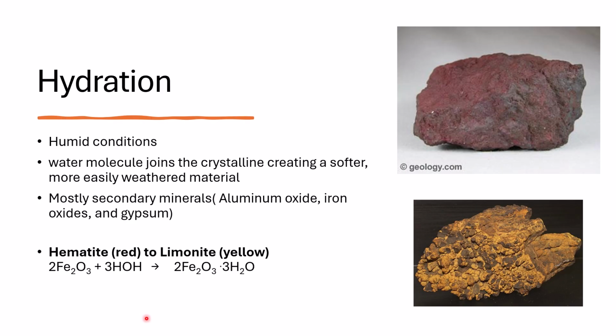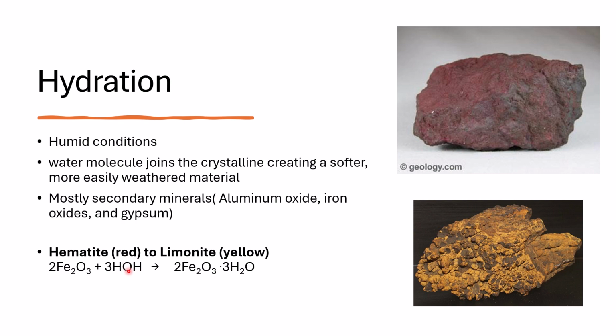So if we look at this chemical equation here, you have hematite, which is a mineral pictured here, and it's going to react with water. Now, the way that it's written here is that it's dissociated, but still kind of together, right?